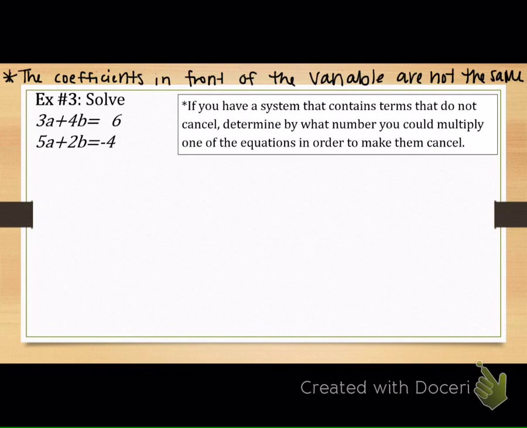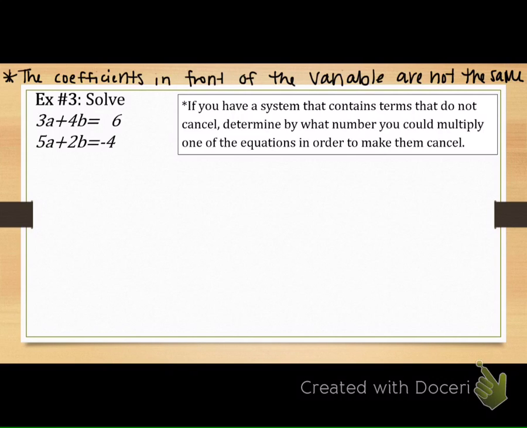So if you have a system that contains terms that do not cancel at all, so the coefficients are not the same, they're not opposites, determine by what number you can multiply one or both of the equations to make them cancel out.